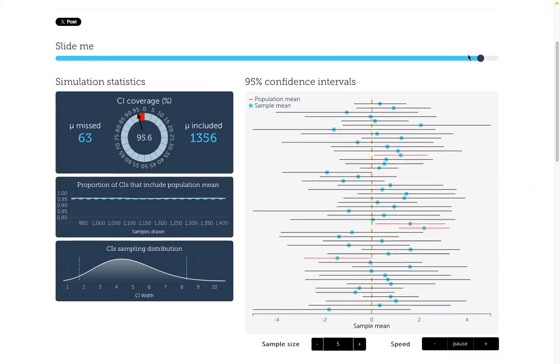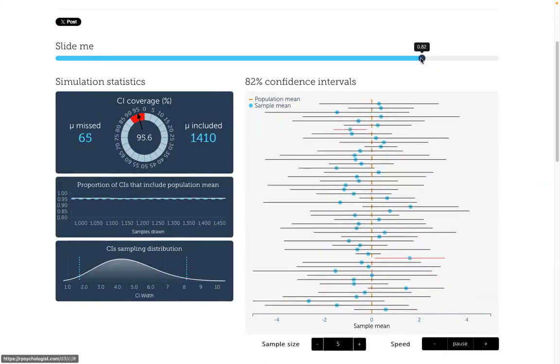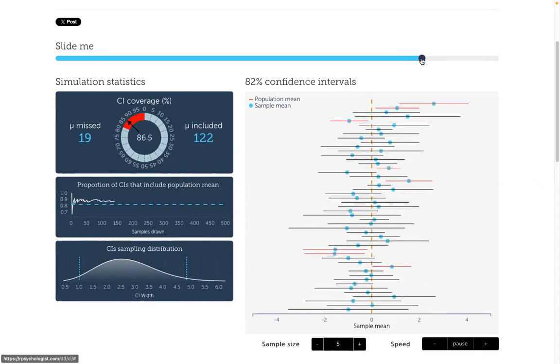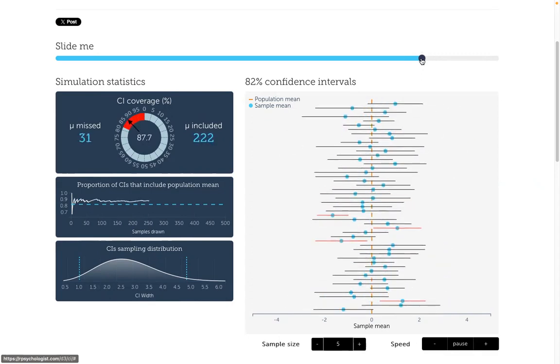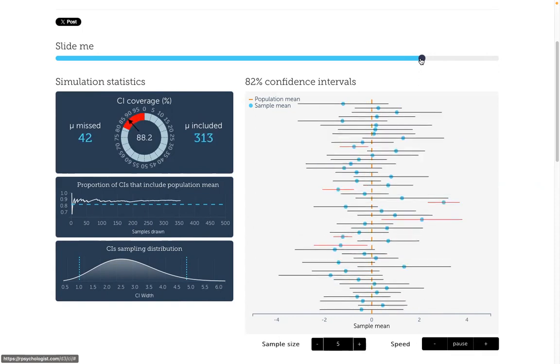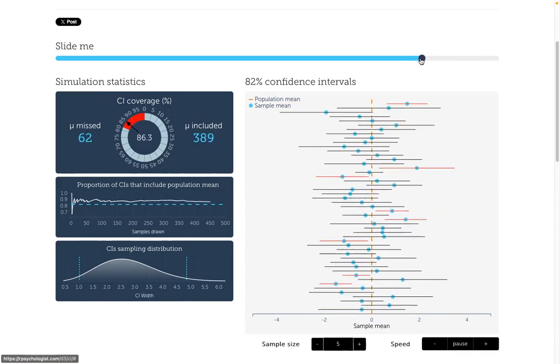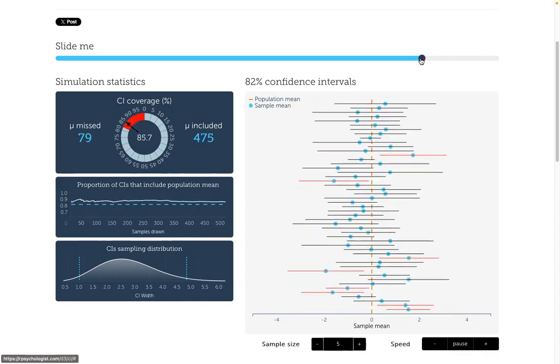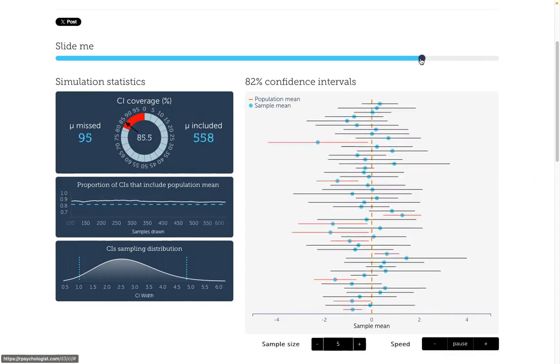The confidence interval, and we can also decrease the confidence. So if we reduce the interval, we also decrease the confidence.